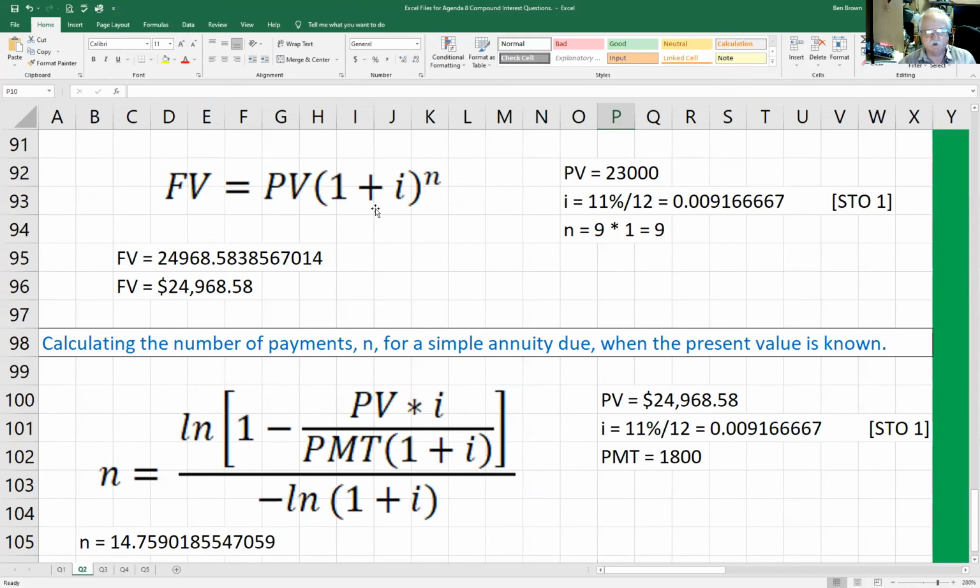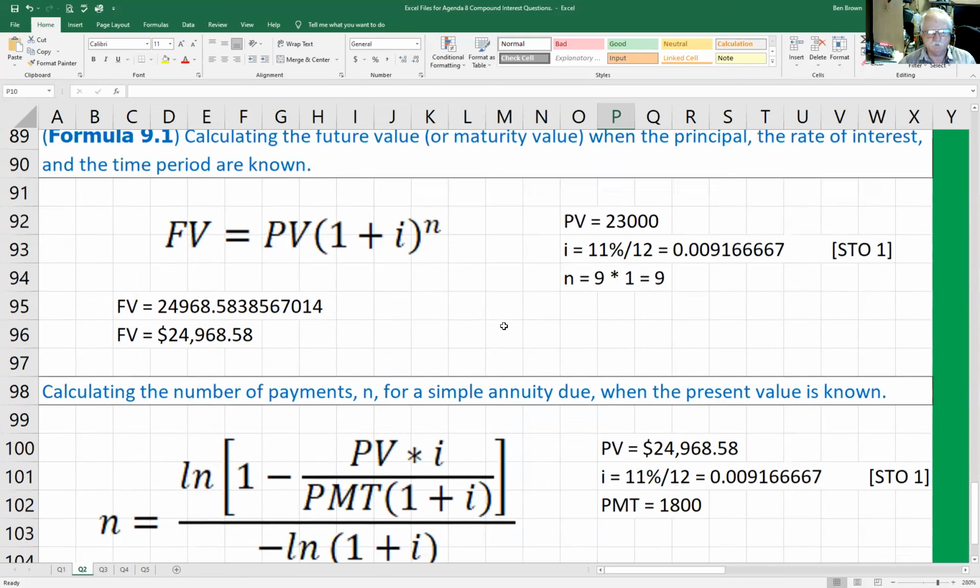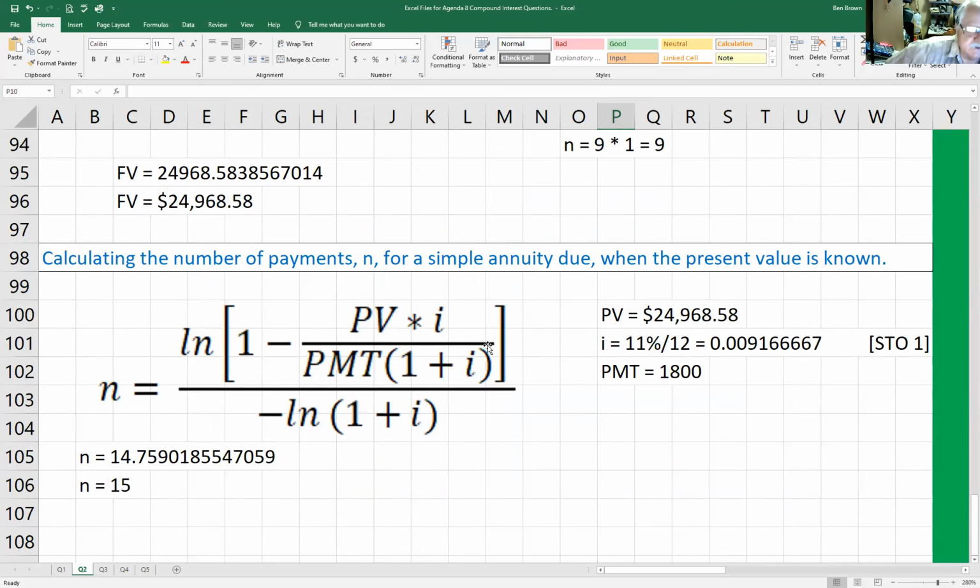And we could calculate it by hand. The first one, of course, is just a compound interest question, just finding the future value. The second calculation gets substantially more complicated because we have to use these natural logs.